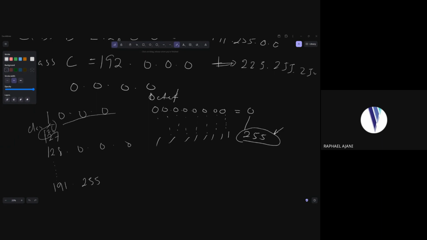It's like you're saying that a range of numbers from so to so will be under a class, and a range of numbers from another level to another level will be under a separate class. Are you following now? And remember that if you are trying to identify the network, you start from the left, not from the right.